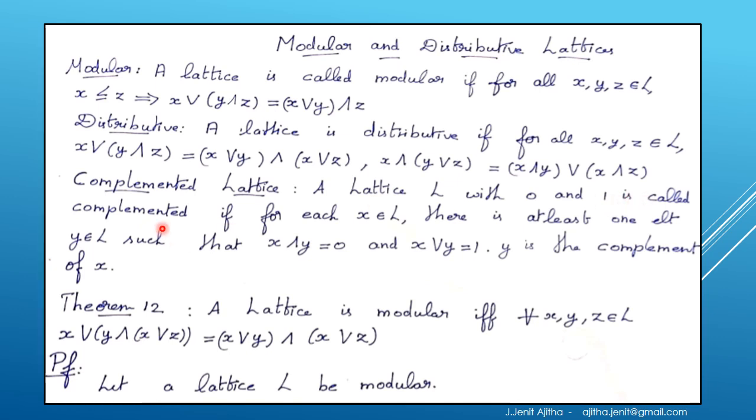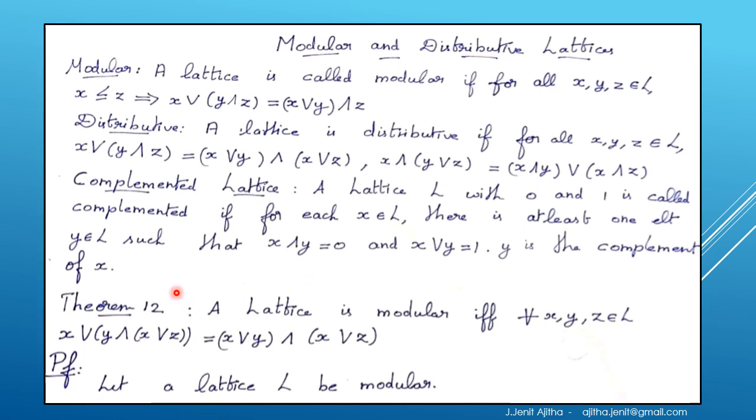So this lattice is called complemented if for each x in L there should be at least one element y such that x meet y is equal to 0 and x join y is equal to 1. Then we say that y is the complement of x. So for every element in L there should be a complement. Then we can say the lattice is a complemented lattice.